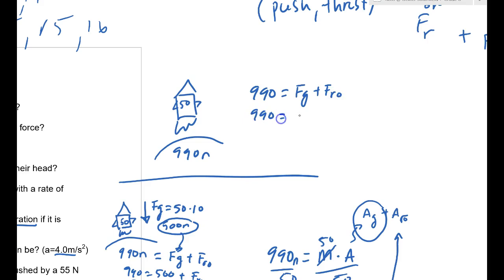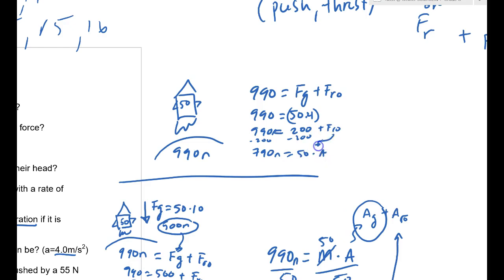So 990 is going to be equal to 50 times 4, which will give us 200 newtons, plus force of rocket.